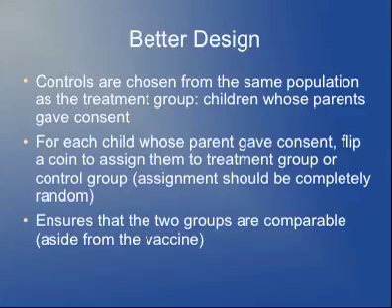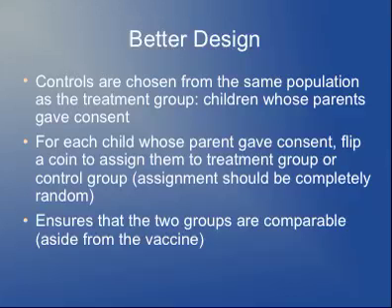I mean, in practice, you wouldn't really flip a coin. You'd probably do this with a computer or something like that. But you would want to make the assignment to treatment group and control group completely at random.